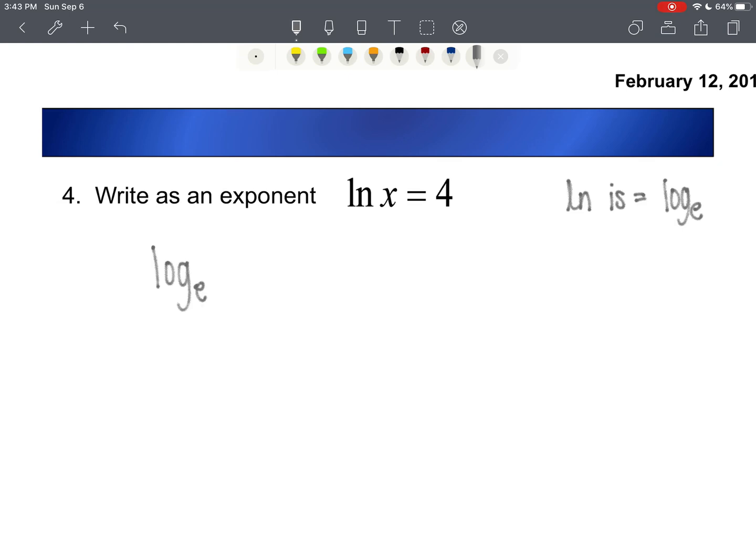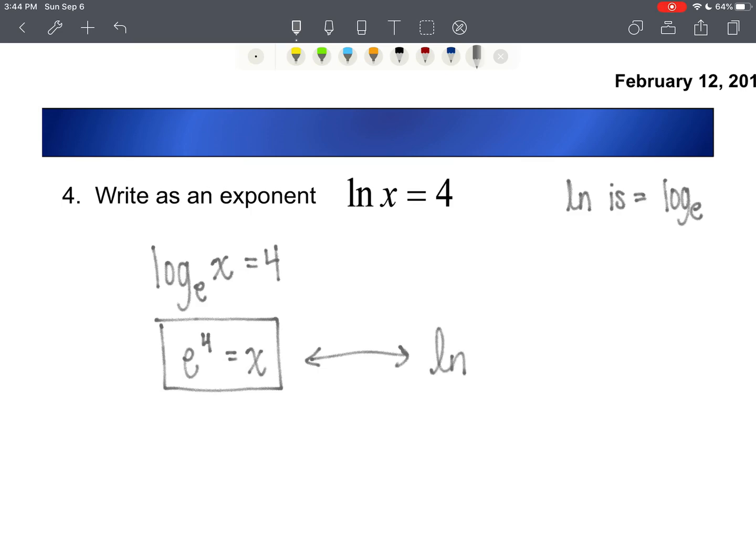Log base e of x is equal to 4. Now I can very easily write this as an exponent by saying e raised to the 4th power equals my argument of x. And that's the same as the natural log of x is equal to 4, the exponent.